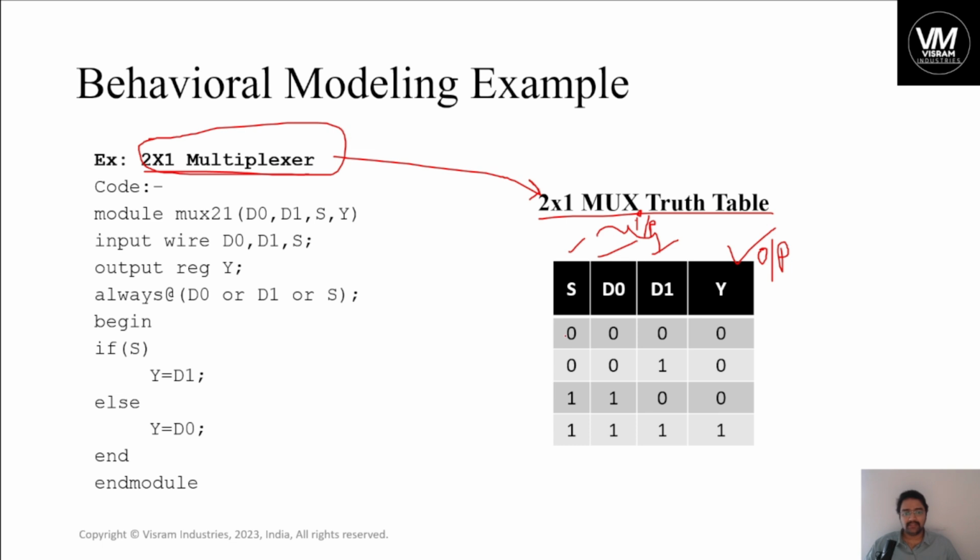When you have one selection input, it is a 2 by 1 mux, right? Two inputs means 2 power 1, so n selection inputs. As I said earlier, if it is 4 by 1, then it has 2 power 2 inputs.